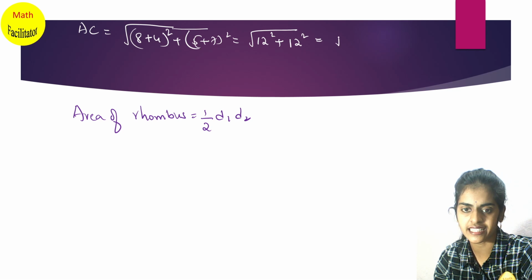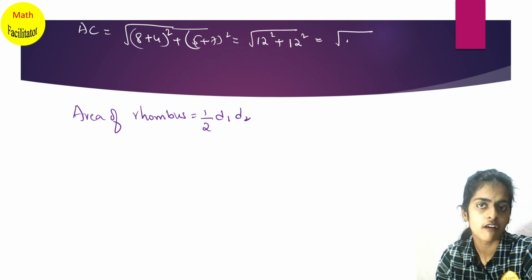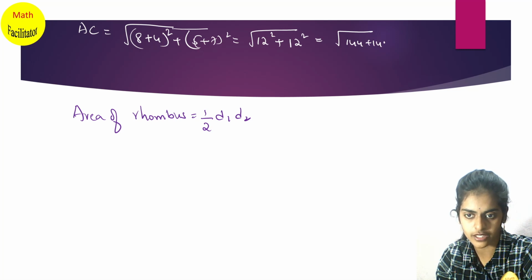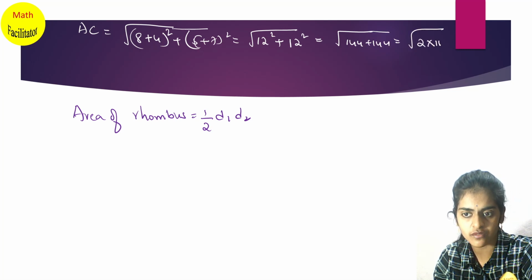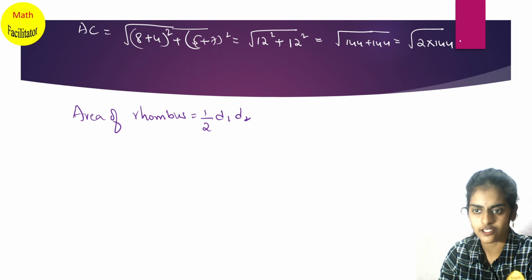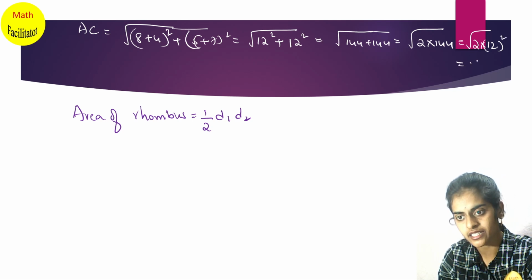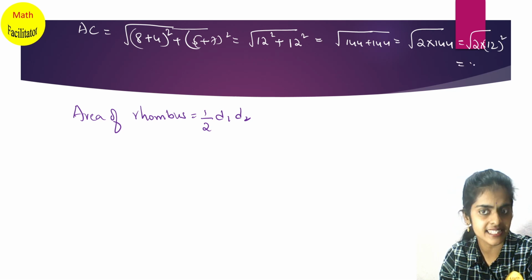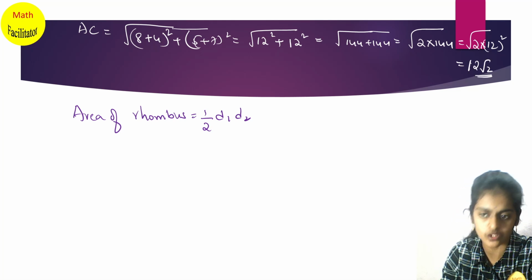So root over 12 square plus 12 square is nothing but 144 plus 144, or I can write this as root over 2 times 144. That is root over 2 times 12 square. Square and square root get cancelled. You have root 2 into 12. So I can write this as 12 root 2.